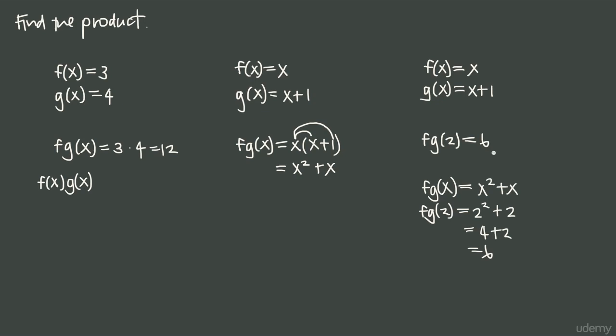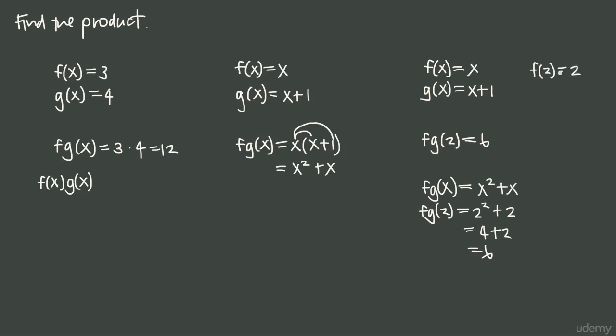But we can also do it the opposite way. In other words, we know we want to evaluate it at 2. We can go ahead and evaluate the original functions, f of x and g of x, at 2 first, and then multiply those together to get the product. So if we do it that way, here's what that would look like. We would say f of 2 is equal to, here we're plugging in 2 for x, and so we would just get 2.